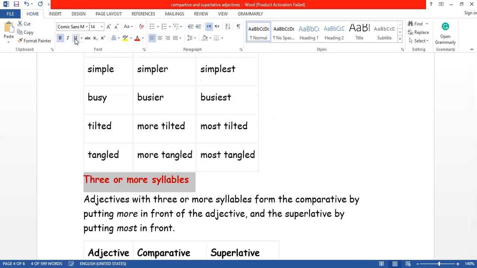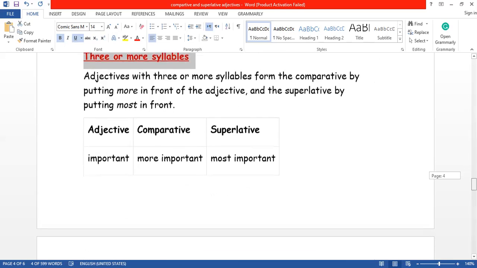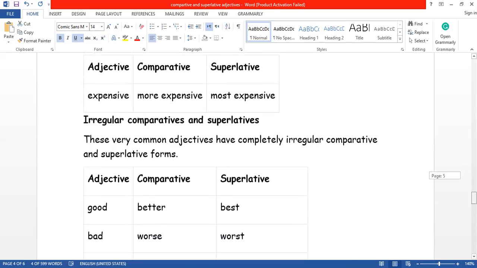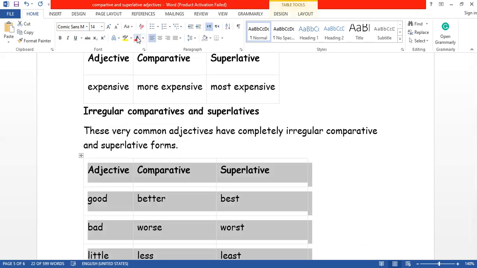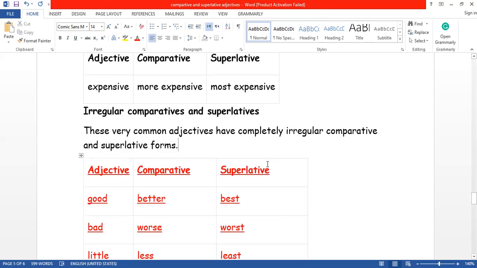And the thing that I want you not to forget is the irregular comparative and superlative. They are very important. So let's get back to the superlative, then later to the other details.